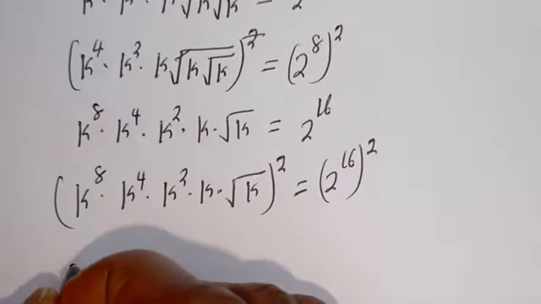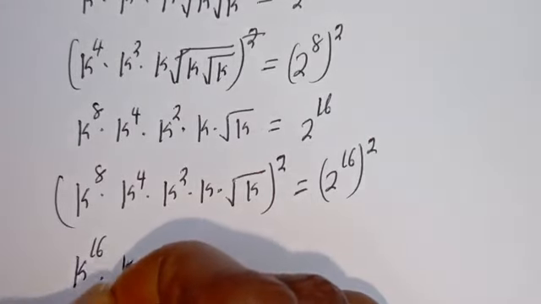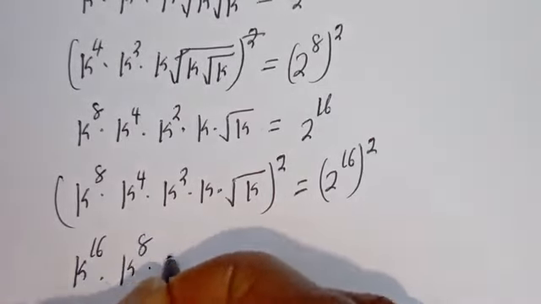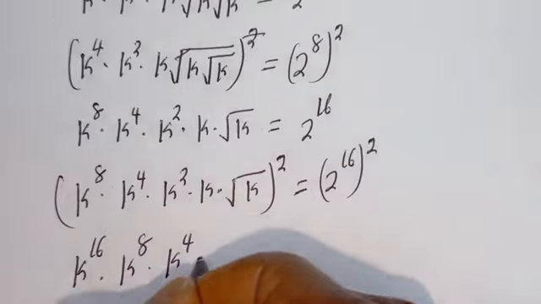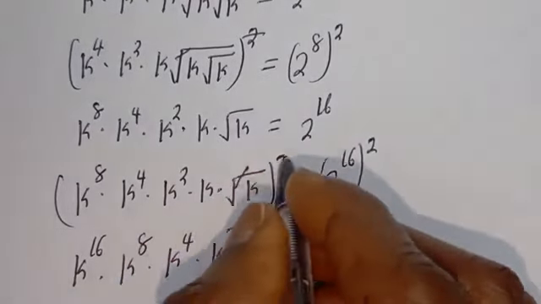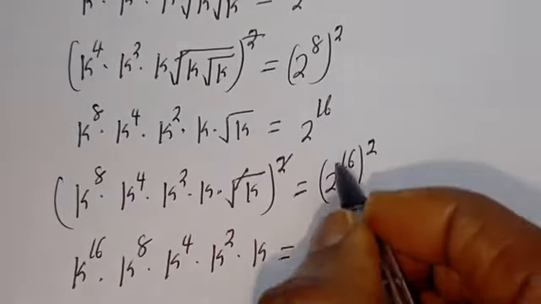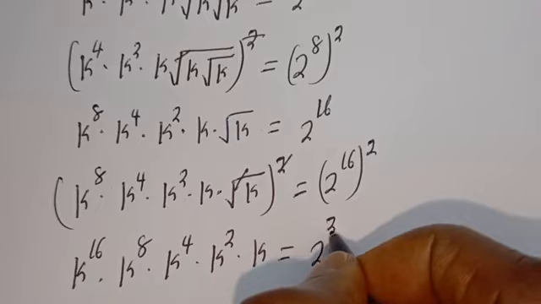Then here we have k to the power of 16 multiplied by k to the power of 8 multiplied by k to the power of 4 multiplied by k squared multiplied by this, we cancel this, k is equal to 2 to the power of 16 times 2, that is 32.